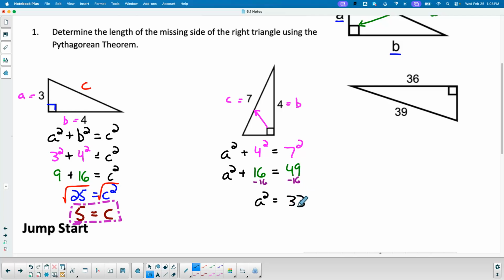I've got a squared, but I want a. How do I solve that for a? Square root. Okay. Square root of a squared. Left side, square root of a squared, A. Square root of 33.